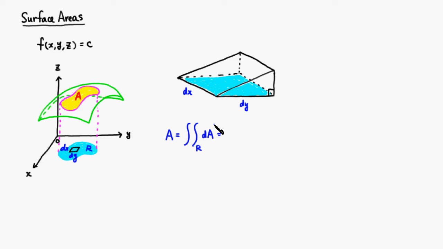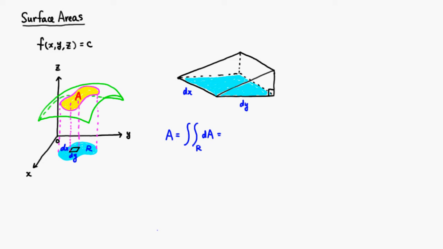To find it, we look at a tiny square or box, dx by dy, and then we look at the corresponding image on the surface.